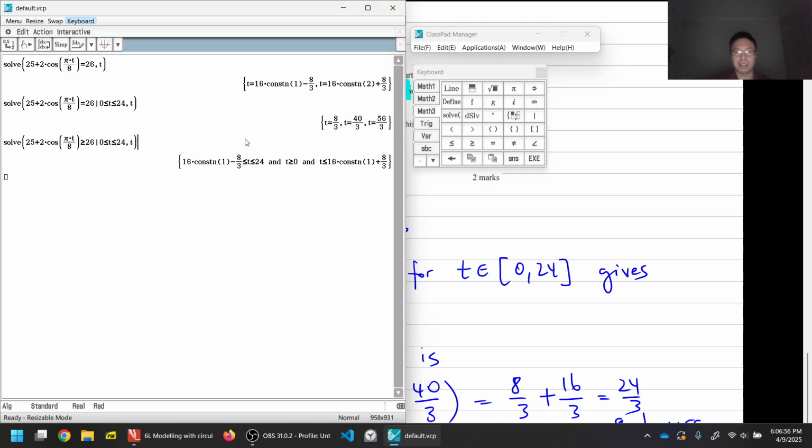So unfortunately on the ClassPad, you don't get nice domains when you submit an inequality like this, compared with something like this here. Oh, that's interesting. That one also didn't work. x squared minus x equals 0.